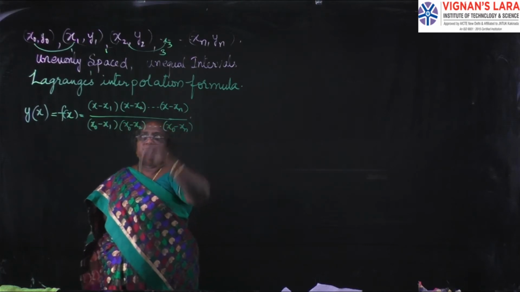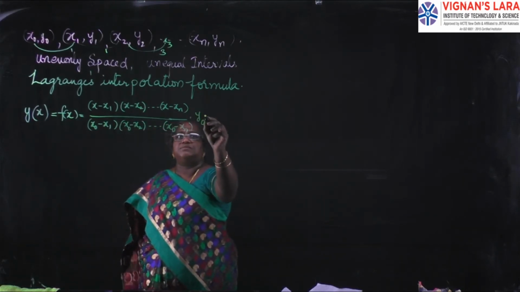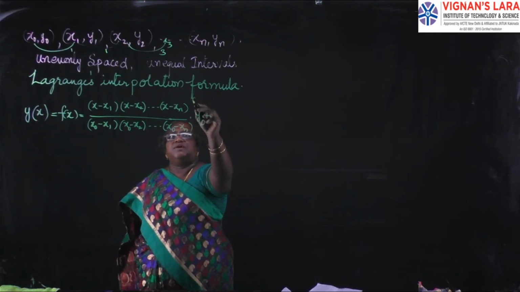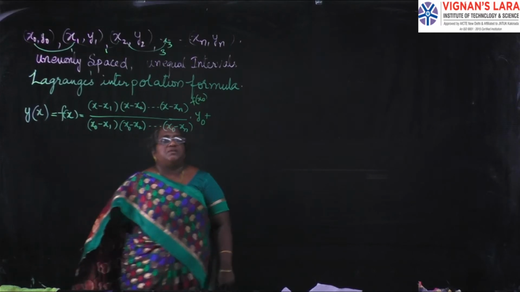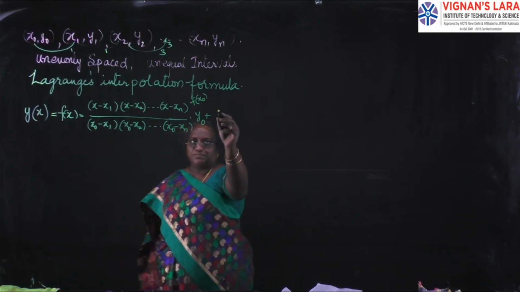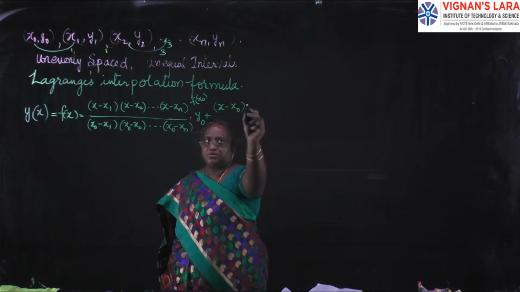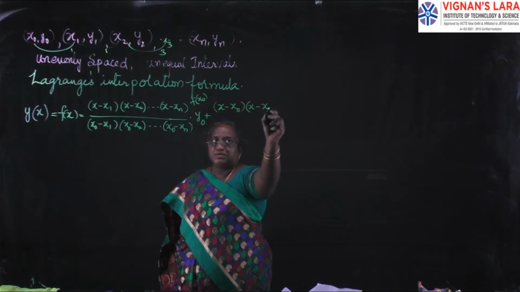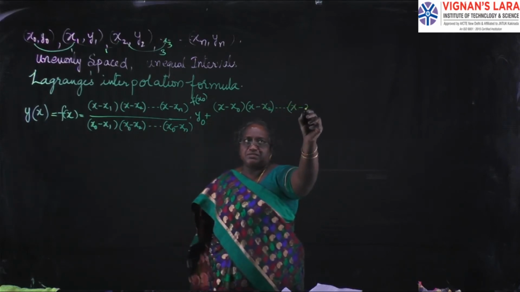We multiply this with y0, or f of x0, plus the next term, this time (x minus x0)(x minus x2) and so on up to (x minus xn).